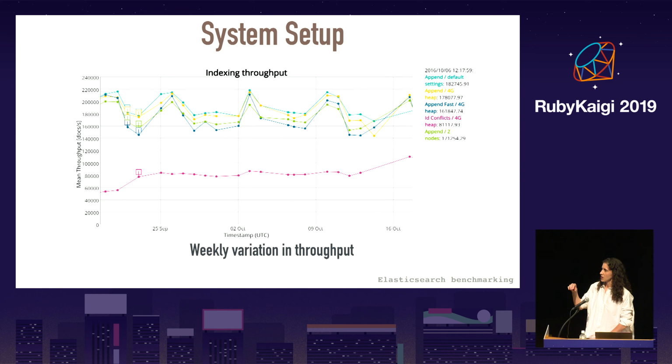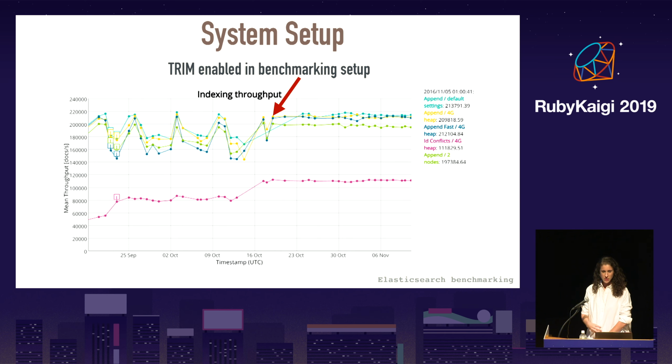So they were regularly irregular, and you can see what I mean from the graph. And the code wasn't really changing between these benchmark runs. I don't really know the details, but essentially they had to enable trim because there was a particular process that was running that was basically interrupting the job that was running and affecting the runtime of the benchmark tests. But once he enabled trim, he was able to get much more accurate benchmark results.